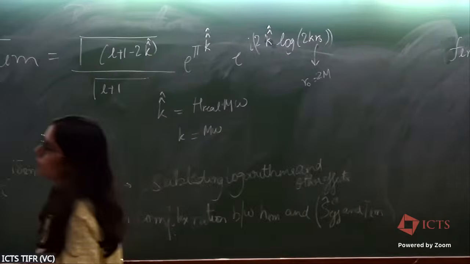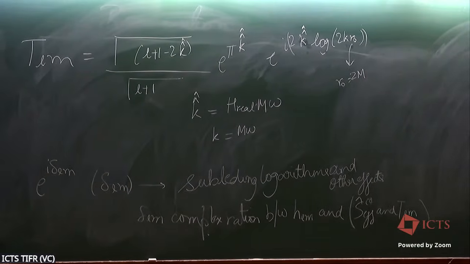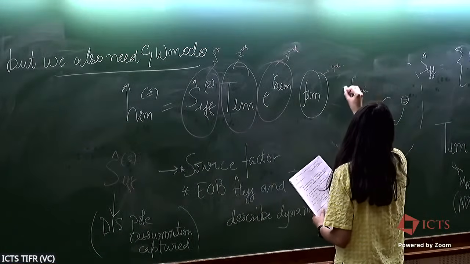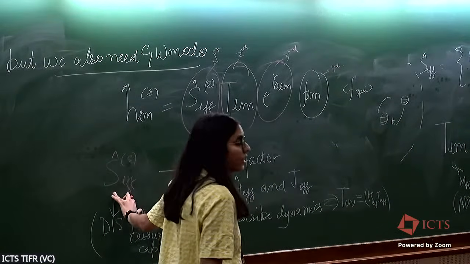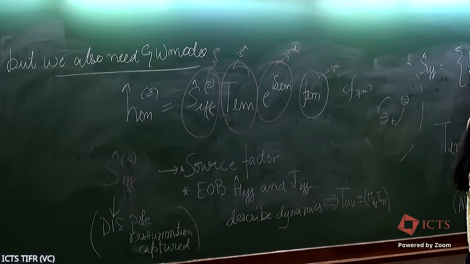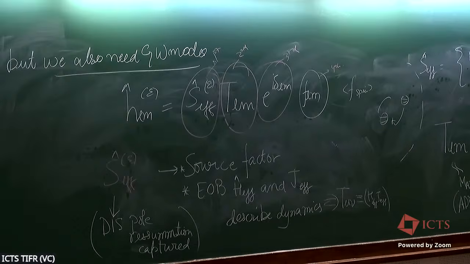We are talking only about the circular orbit dynamics. The spin you can add as, for example, a spin contribution term, which will modify your S hat effective in the first place, because S hat effective is dependent on this H hat effective. And H hat effective is not of the orbital dynamics, but should also include the spin things. So spin is a completely different thing. I'm not talking about the other physical effects such as spin, tides, etc.